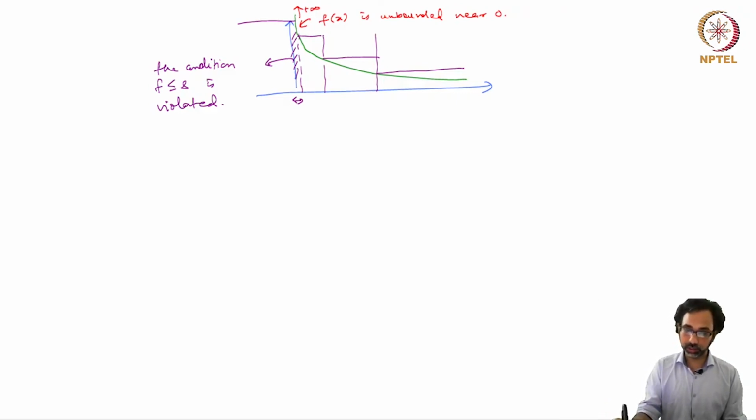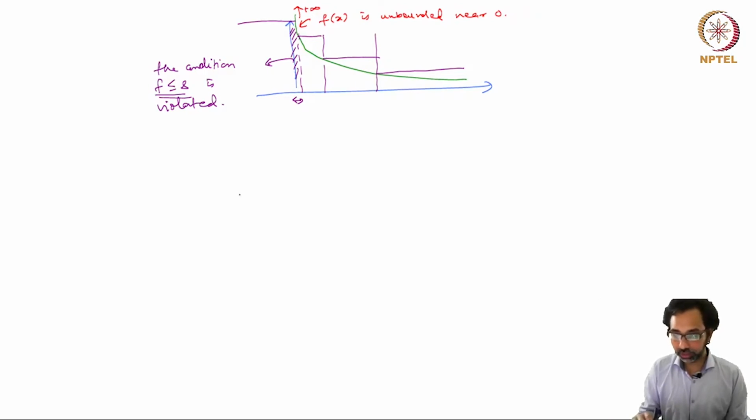So there are no simple functions, even in the case of the real line and f unbounded near 0, which bound f above pointwise.